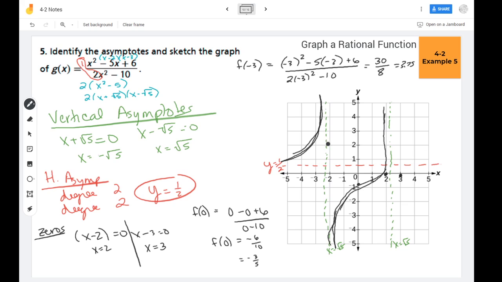Now down here, I'm just going to pick a number to test it. I'm going to pick 3, just because it's on the right-hand side of that. It's probably a more friendly number than 4. So if I do f of 3, what's going to be nice is a lot of these values are going to be the same. So I'm going to have 3 squared minus 5 times 3 plus 6, and 2 times 3 squared minus 10.